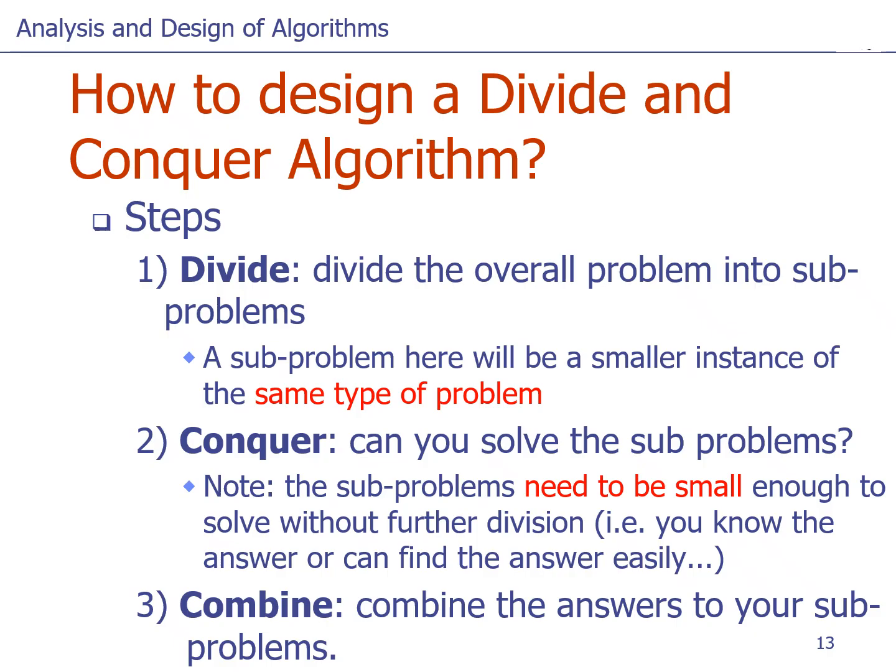If I tell you sort an array of 1000 numbers, well, 1000 numbers are a lot. So if you do the divide step one time, then you're going to divide the array into two sub-arrays, each of 500 numbers. But still, sorting 500 numbers is not trivial. It will require considerable computational effort. So it's not enough to apply it one time.